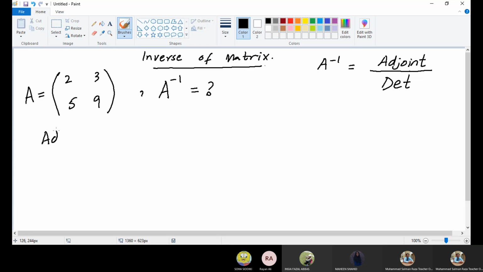The formula for finding the adjoint is very easy. If this is the A position, this is the B position, this is the C position and this is the D position, the positions are always named the same. You cannot name C as B or B as C. You need to first fill the rows and then the columns.